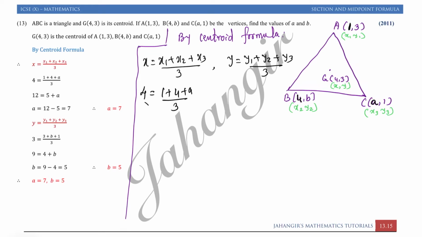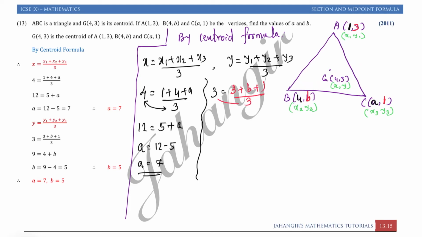We will cross multiply these two parts. 4 3s are 12 is equal to 5 plus a. So therefore a is equal to 12 minus 5, which is 7. And the value of y, as we see, y is 3. 3 is equal to (y1 plus y2 plus y3), that is (3 plus b plus 1) upon 3.